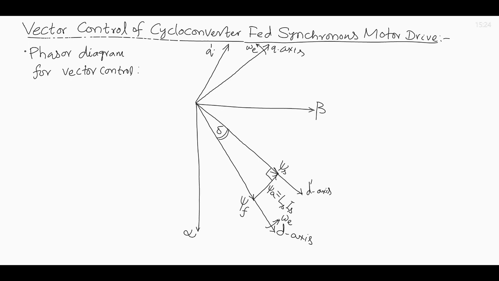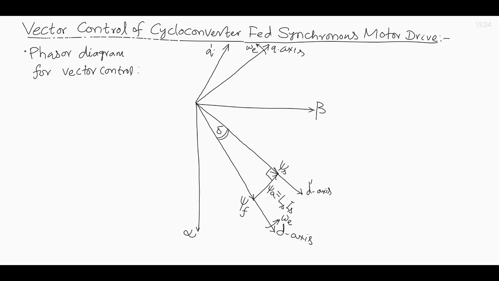The angle between the stator flux linkage psi s and field flux linkage psi f is delta, the load angle or torque angle or power angle.